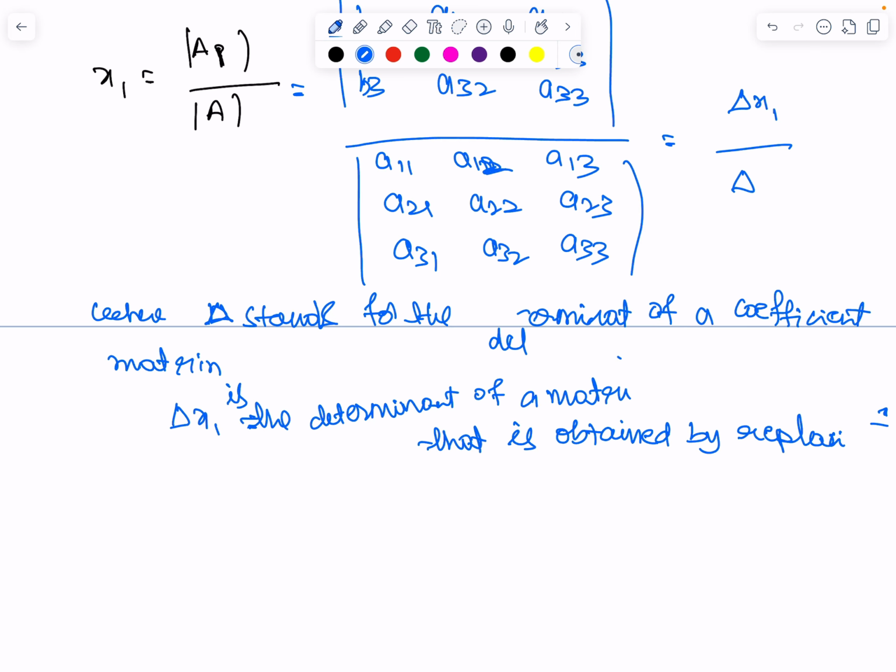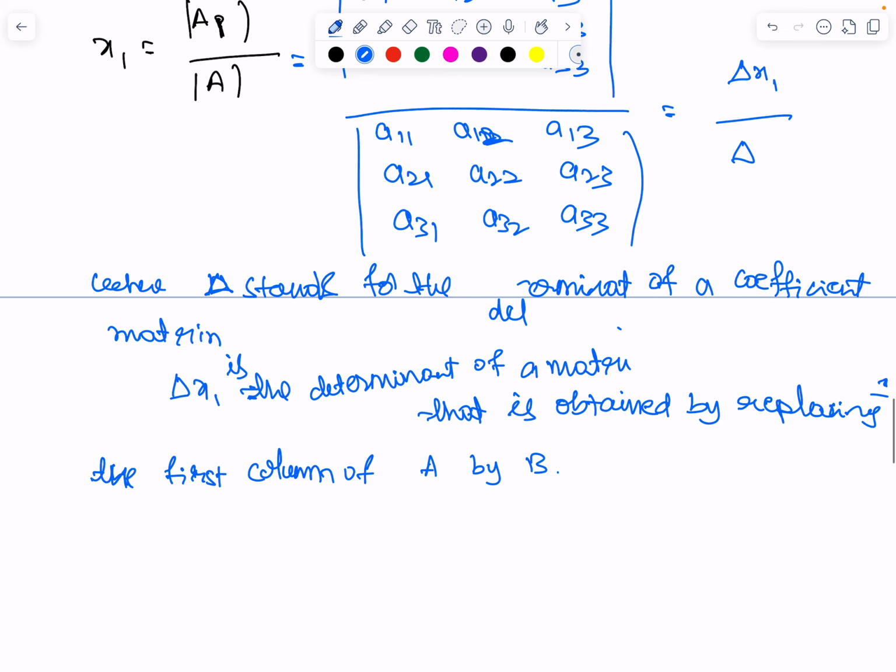Del x1 is the determinant of the matrix that is obtained by replacing the first column of A by B. So therefore we are finding x1.